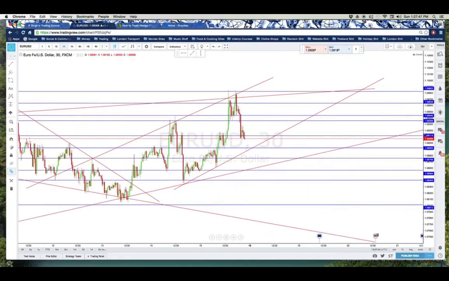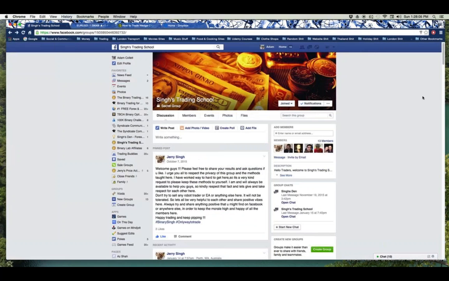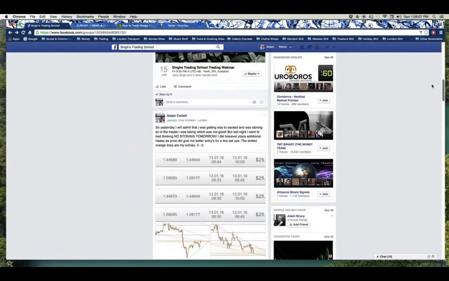The methods and strategies that Jerry has taught me are very simple, very logical, very easy to understand. It's all naked trading, and simple price action. And again, just not rely on any indicators and never martingale any of the trades. Let me just show you some of the results that I posted earlier on in the week.